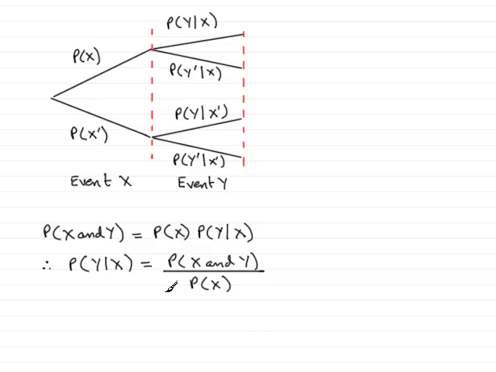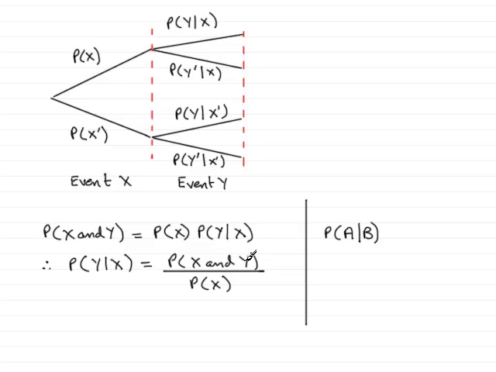Now in general, we're not going to have X's and Y's, we might have A's and B's. So let's see what the general formula would be when you've got the probability of one thing, let's say A, given that another event has occurred. Well, according to the formula, we can see that for Y given X we had the probability of X and Y. Well, that's going to be the same as the probability of Y and X, for instance.